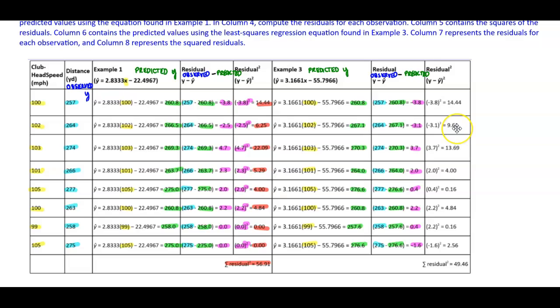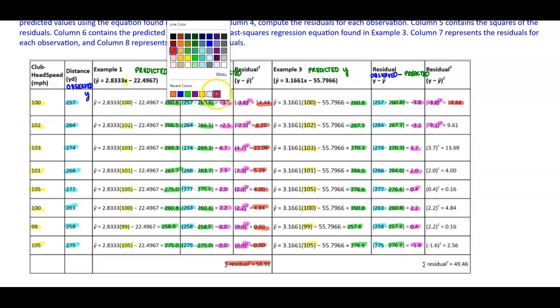We're going to take the residual, which is negative 3.8, and square it, and then it's going to give us 14.44. Next, we're going to take the residual of negative 3.1 and square it to give us 9.61.